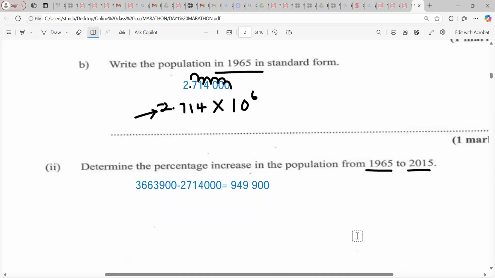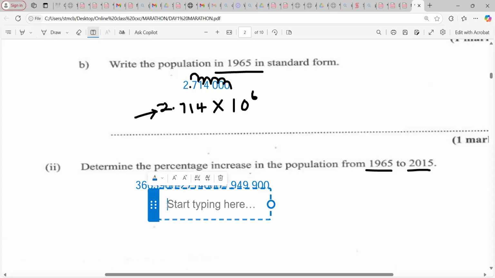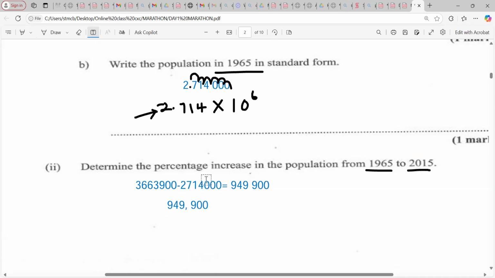They want the percentage increase. So they're going to express this increase, 949,900, over the original, which was the 2,714 with 3 zeros. So you can punch it in a calculator, guys, and tell me what you get. You divide by this original, but remember, percent means out of 100, so you times it by 100%.